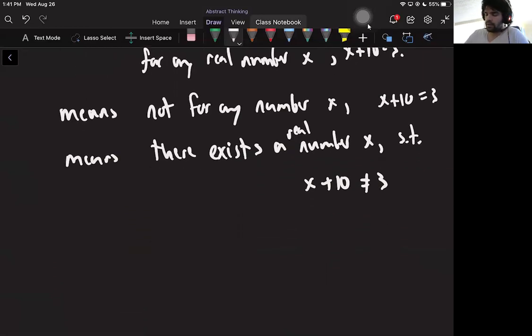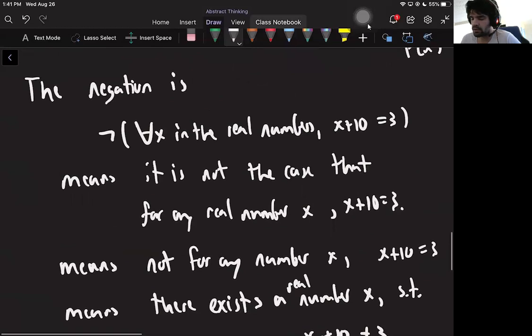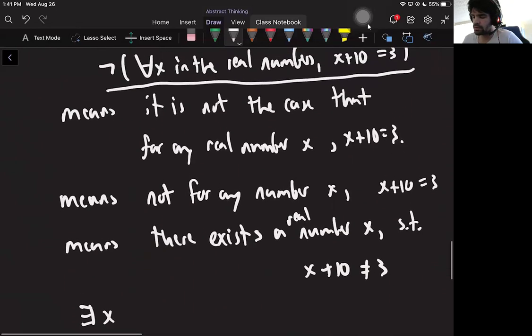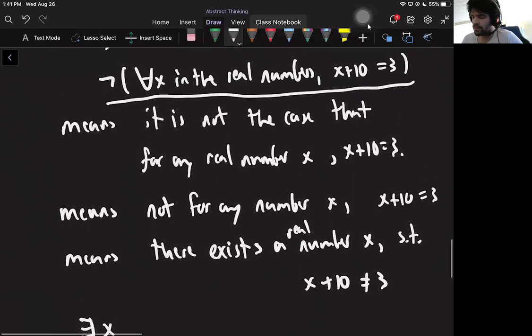So symbolically, what we're doing is getting a there exists statement out of a for all statement. So I negated the for all statement, and it turns into there existing something such that the predicate doesn't happen.